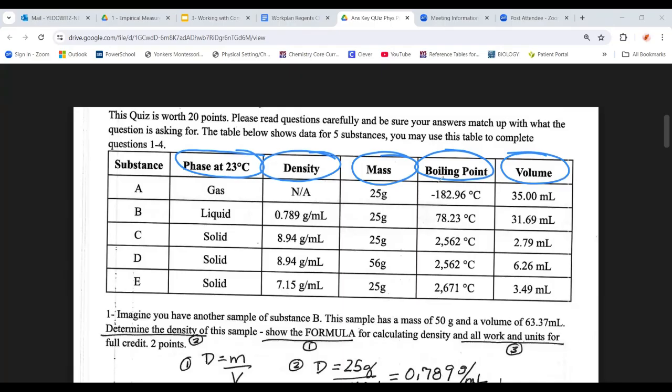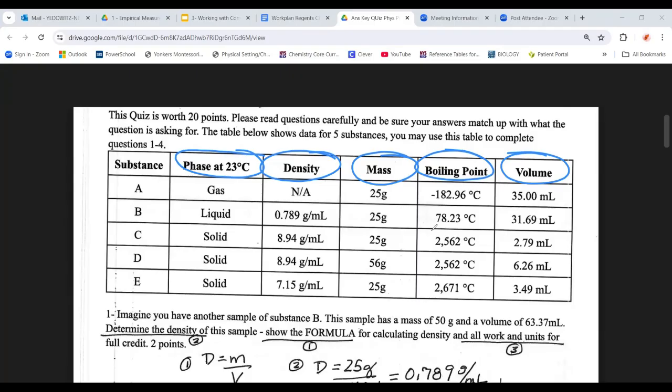Okay, we're not going to be taking any substance's boiling points because no high school I know of has the equipment to reach temperatures of 2,562 degrees Celsius. But we can measure density. We will measure mass and volume in the lab and calculate density. We'll be able to physically observe with our eyes the phase of matter that something is at.